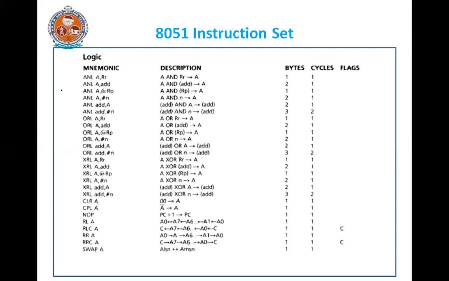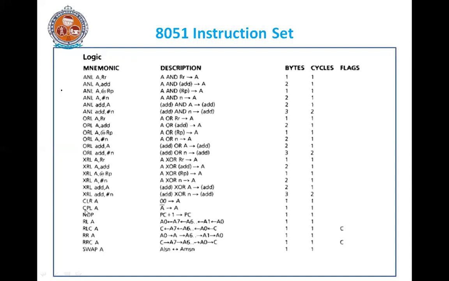For exclusive OR you can use XRL. XRL A, R1, that is A XOR R1. Similarly XRL A, add and XRL A, @R. So these are for register, some label, some memory address, and direct data.